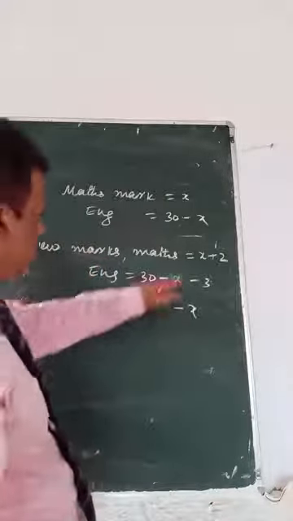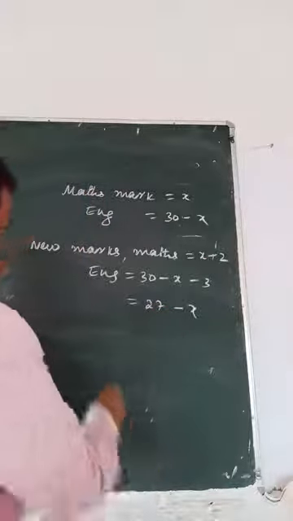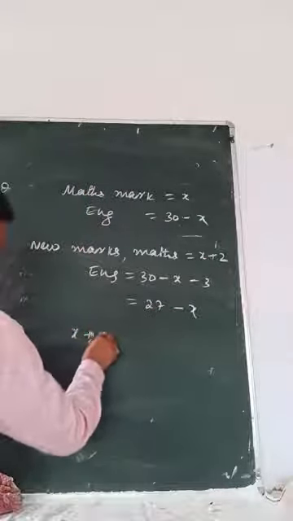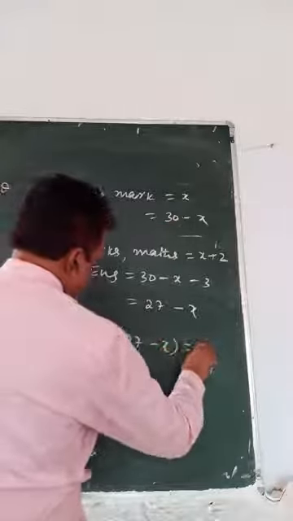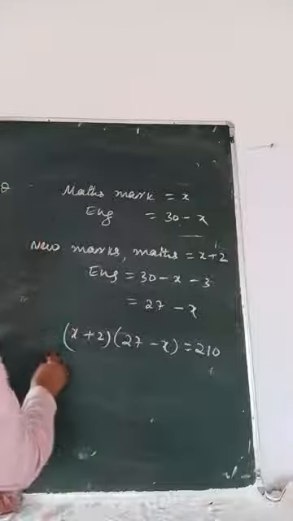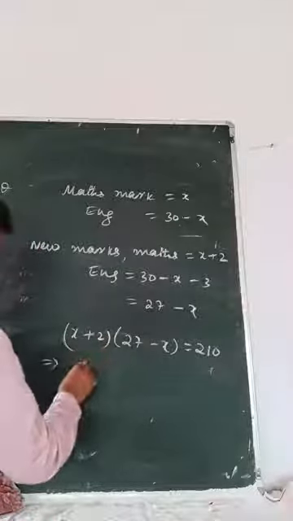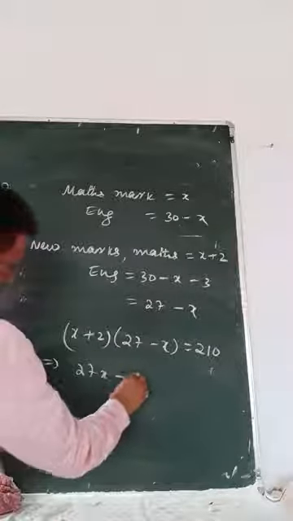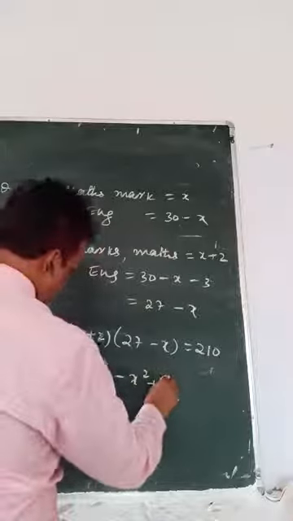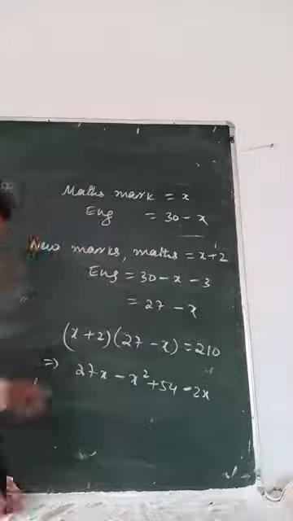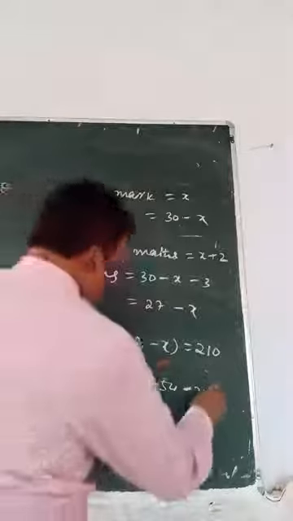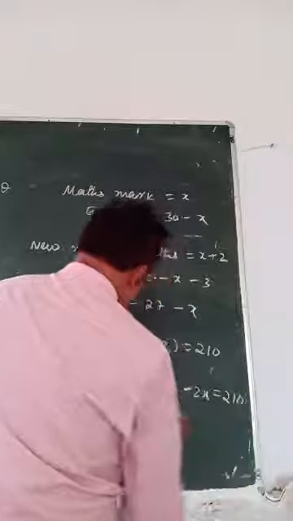Then the product would be 210, means (x plus 2)(27 minus x) is 210. So if you multiply, 27x minus x square plus 54 minus 2x equals 210.